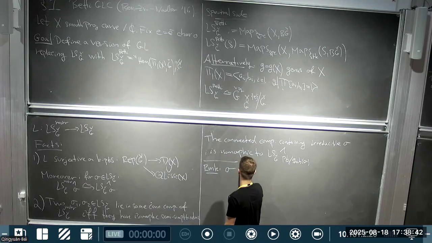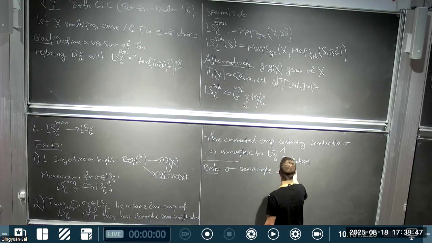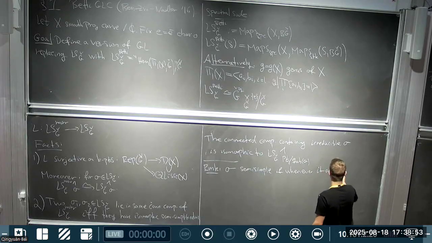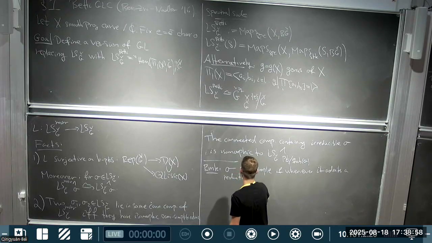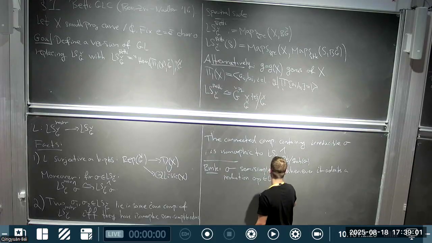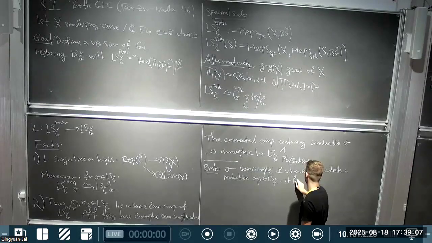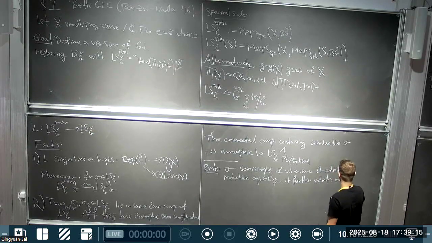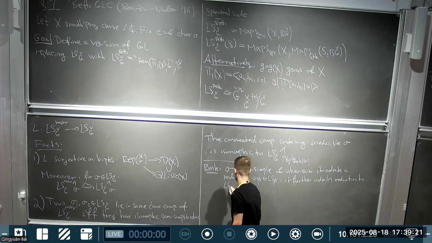We say some sigma is semi-simple if whenever it admits a reduction sigma_P to Loc_P check, it further admits a reduction to Loc_M check, the Levi.